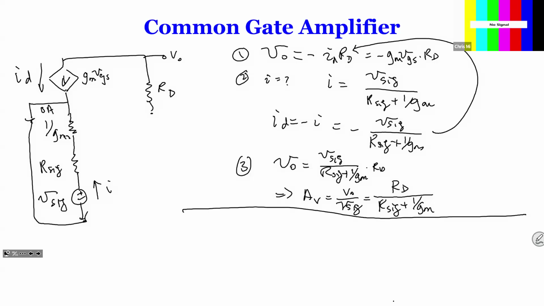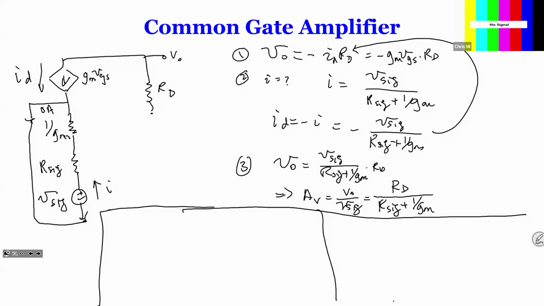Okay. So we found this gain, right? So next we want to find input and output resistance. To find input resistance, remember what we do is we apply a voltage at the input, and then we find the current, and then we use the voltage divided by current, we get the input resistance.